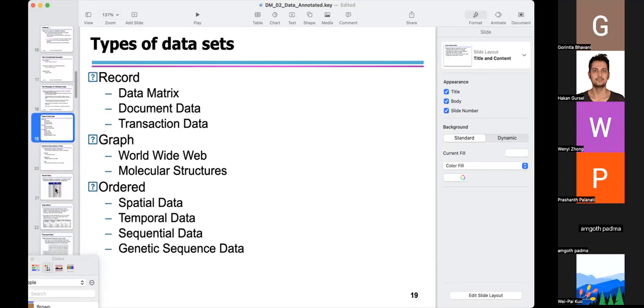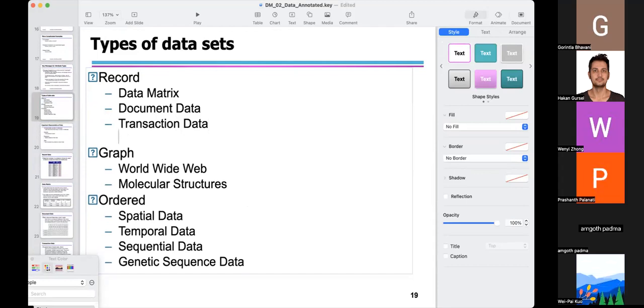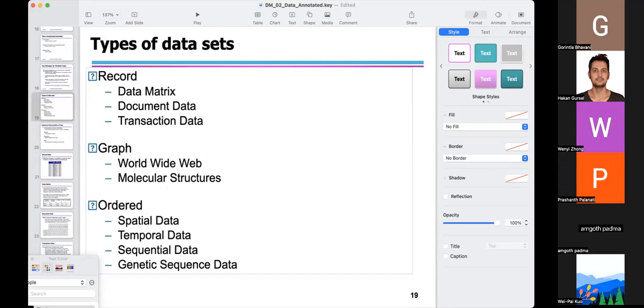Like I said earlier, relational data comes in the form of a table, but we could have other structures of the data, or we could have unstructured data altogether. If we have record data, it looks like a matrix or a table, and that's what we would be using for our relational databases.